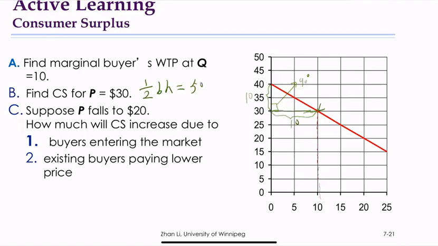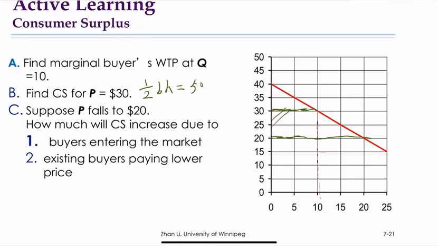Now the last question: suppose price falls to 20. So the initial price was 30, and the price falls to 20. Now we can see an increase in consumer surplus, and to be more specific, we can decompose the amount of increase into two components.